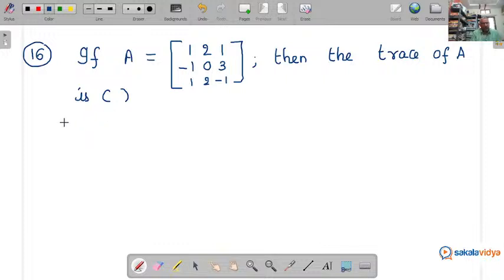Option A is 0, option B is 2, option C is 3, option D is 4. So what is the right option?